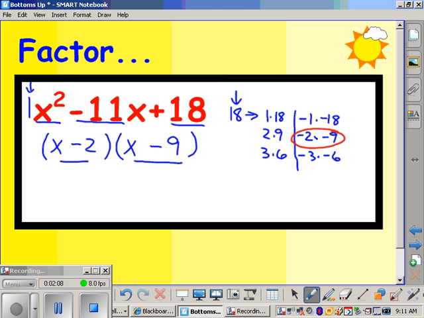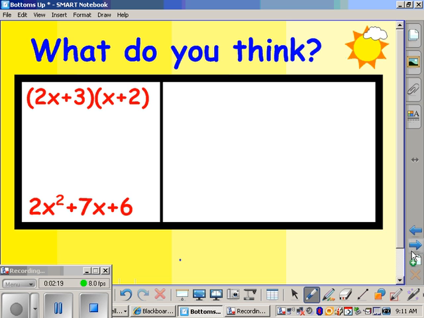And these would be our factors of x squared minus 11x plus 18. Now we're going to use that process as we start learning how to factor problems whose leading coefficient is greater than 1. Let's take a look at this problem.